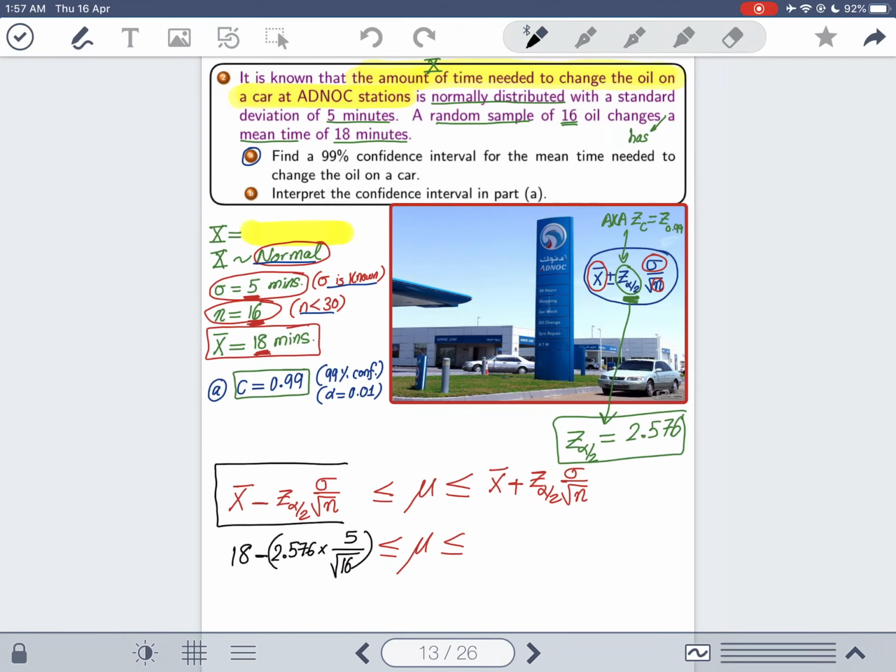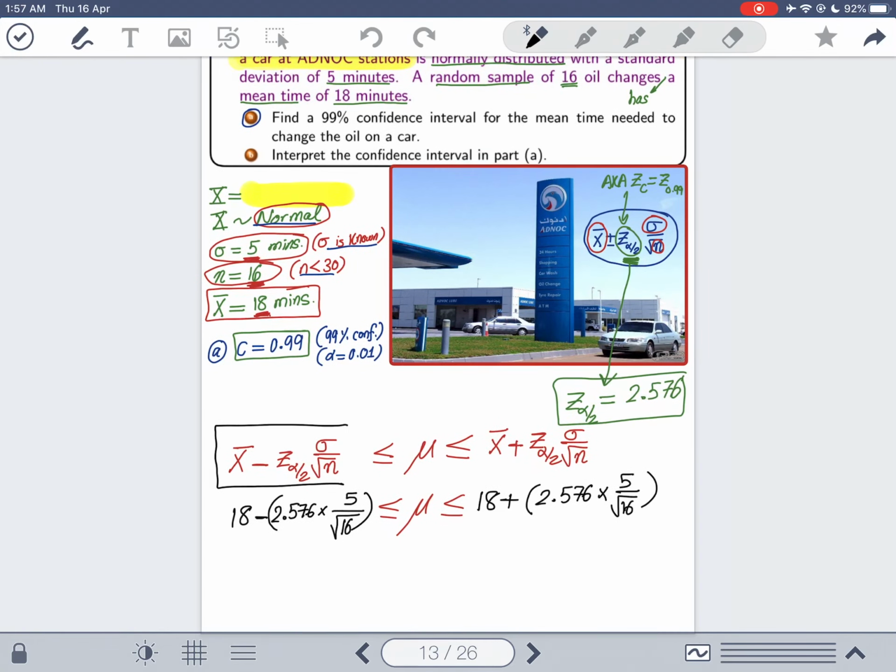On the other side, mu is less than or equal, the same thing except you put a plus: 2.576 times 5 over radical 16. Actually, radical 16 is 4, we already know it, but let's use a calculator.